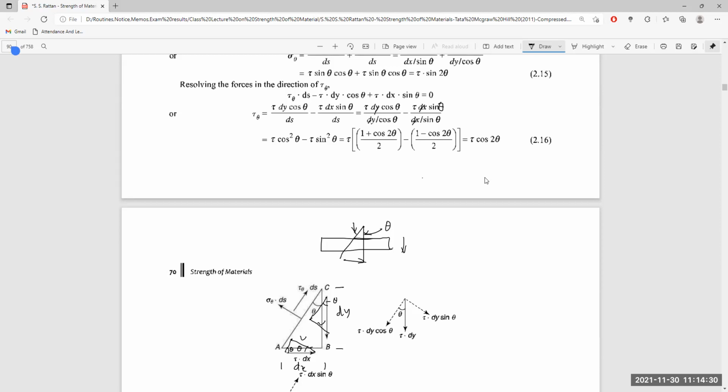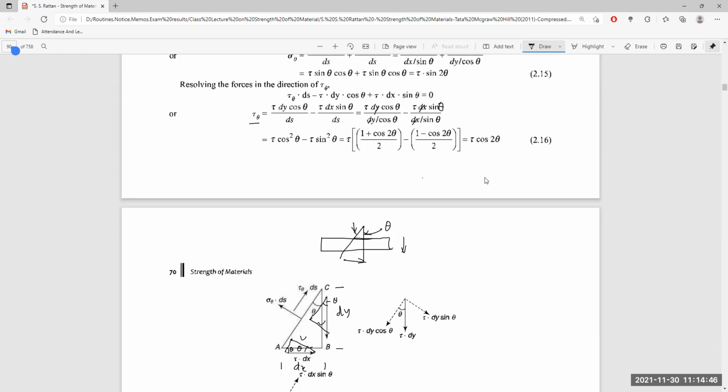So tau cos square theta minus tau sin square theta, that is tau times (1 plus cos 2 theta) divided by 2 minus (1 minus cos 2 theta) divided by 2. So tau cos 2 theta. This is the force in the direction of tau theta.